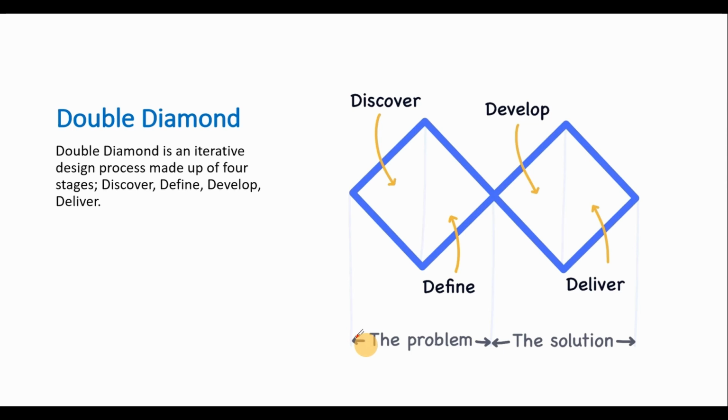The first stage of this diamond is discover, which helps you understand what to focus on. This is made up of research and data gathering in the form of user interviews, usability testing, and reviewing analytics. This is very important because you need to know what the problem is deep down.